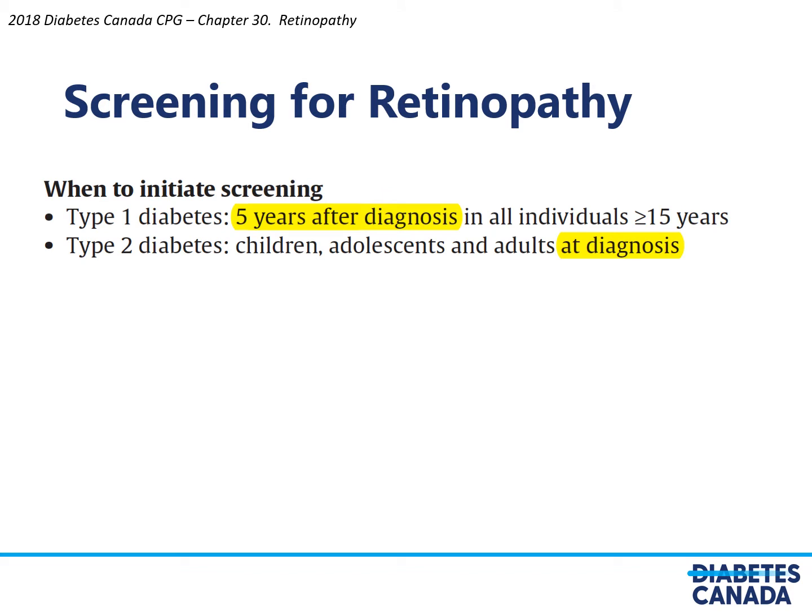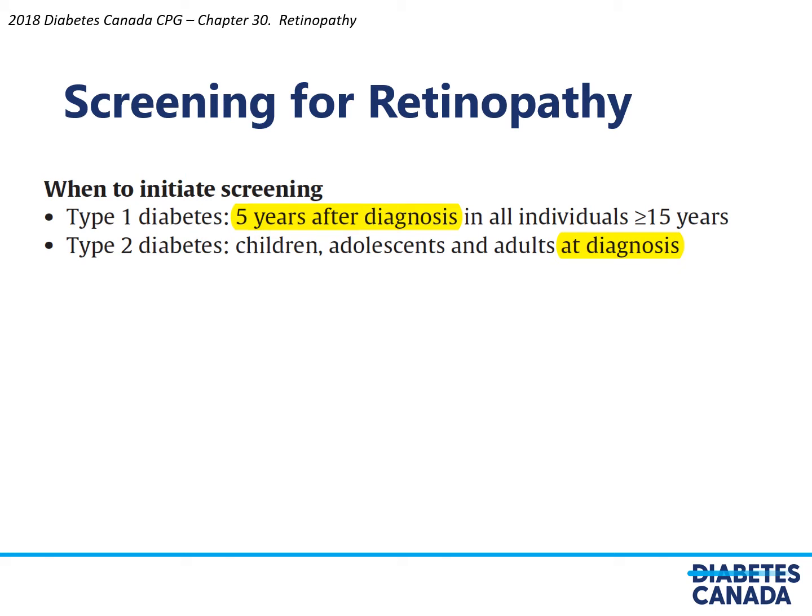So how often and when should we be screening for retinopathy? In type 1 diabetes, screening should occur starting at 5 years after diagnosis in all individuals over the age of 15. In type 2 diabetes, however, screening should occur at the time of diagnosis.